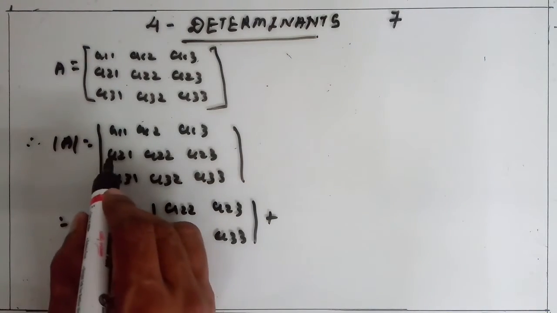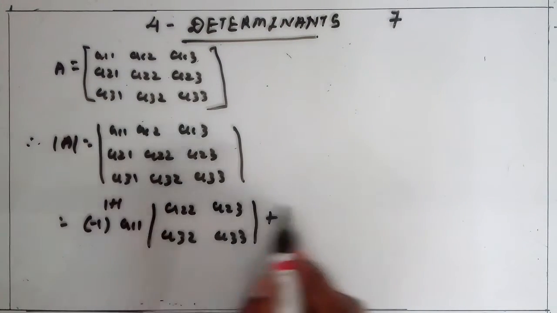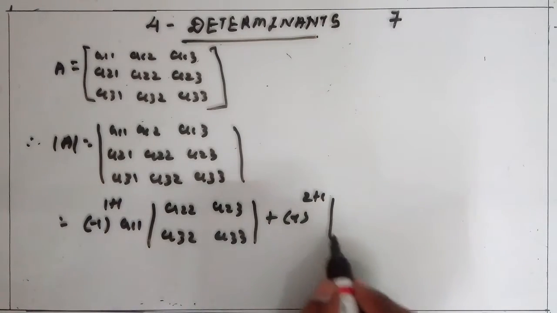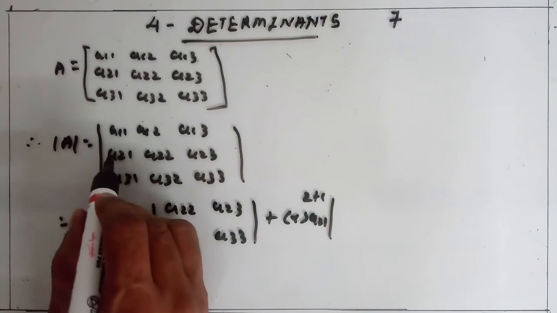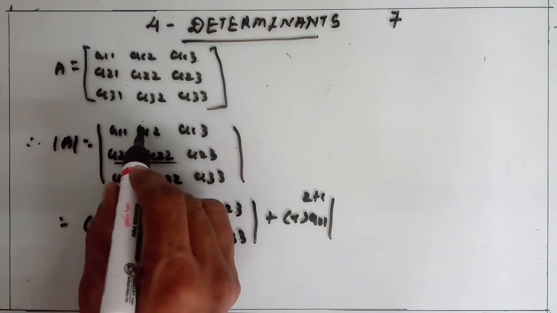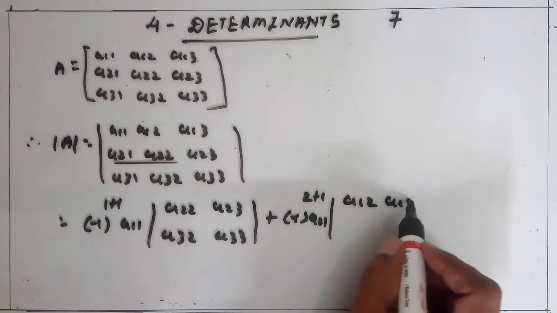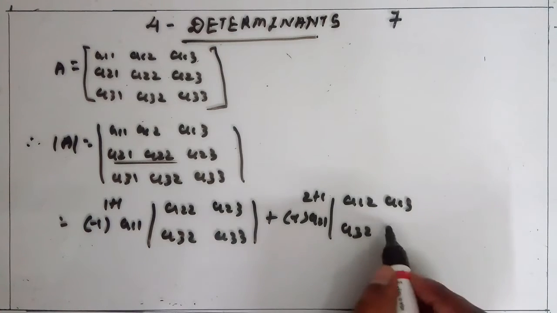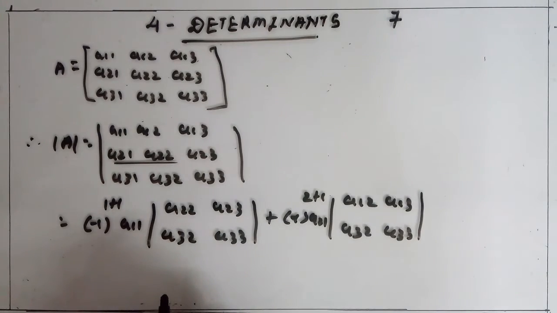Plus, here A21 lies in the second row first column. So minus 1 raised to second row first column into A21 into, remove this row and column, using the remaining entries A12, A13, A32, A33, get a second order determinant.